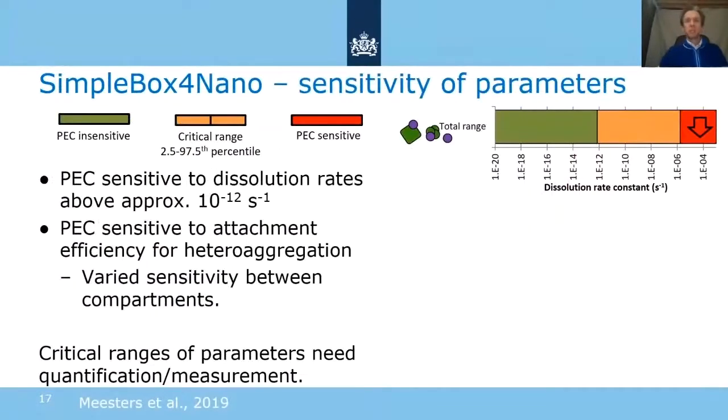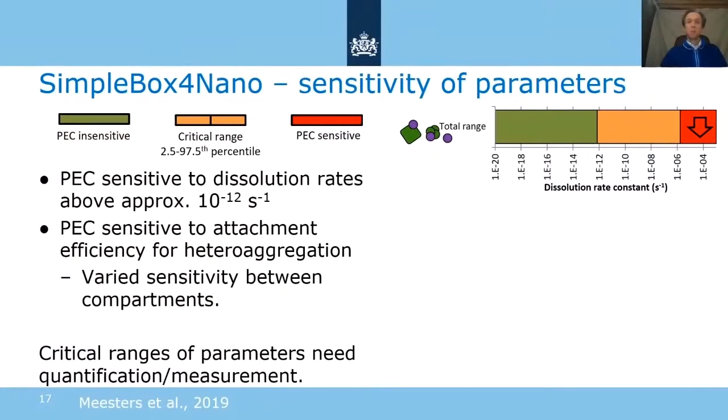So this is another example of use of the model, studying what the model actually means in terms of sensitivity to certain key parameters that describe the fate of nanomaterials. In this case, related to the dissolution of any type of nanomaterial.